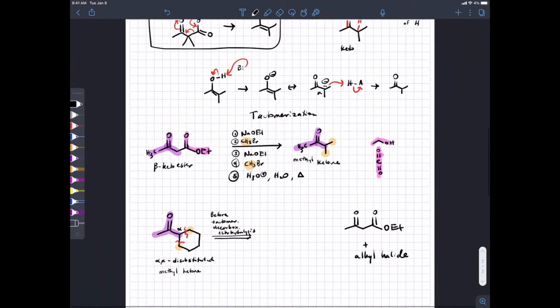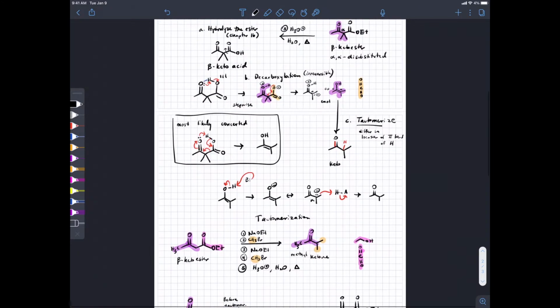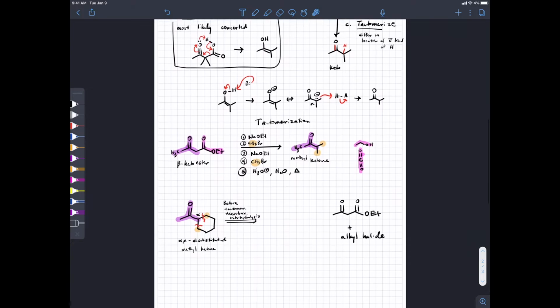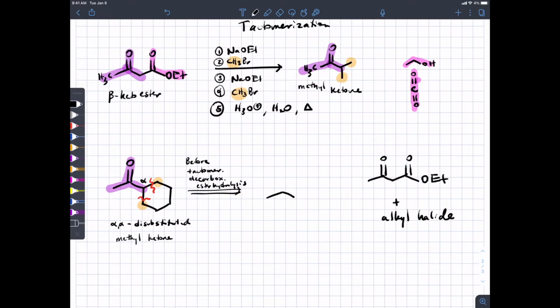Notice before, the thing that preceded all of that was this beta-keto ester. So, what would that look like? Well, probably then that looks like this, with a 6-membered ring there.